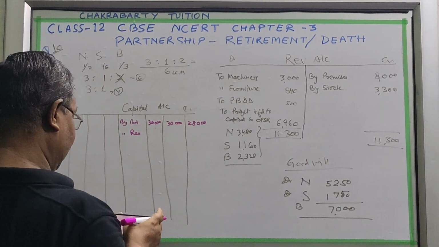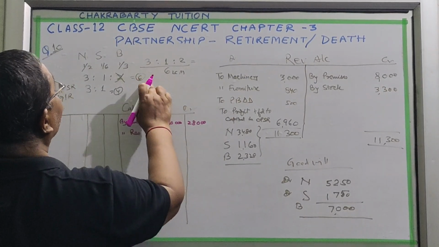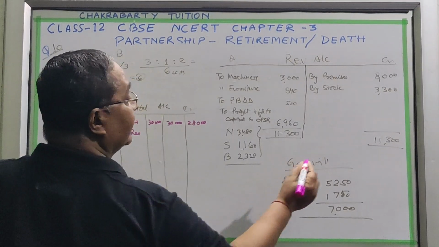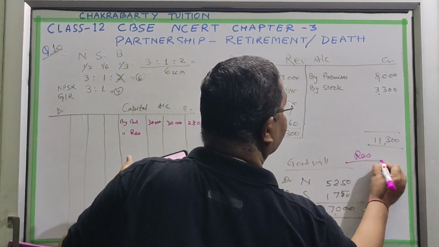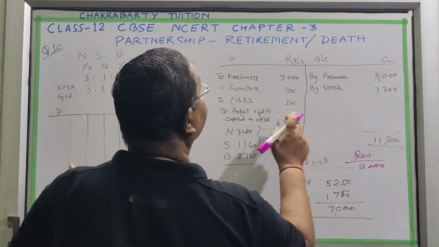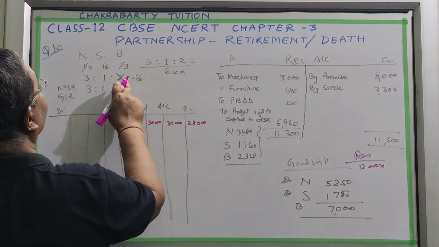Reserve is 12,000 and we have to distribute it in the old ratio of 3:1:2.